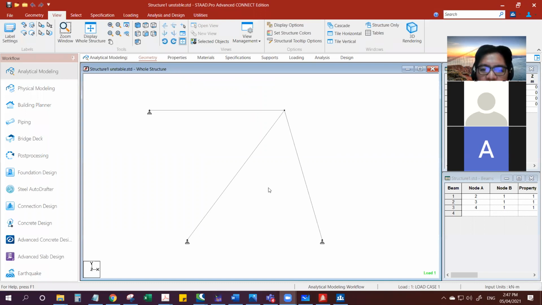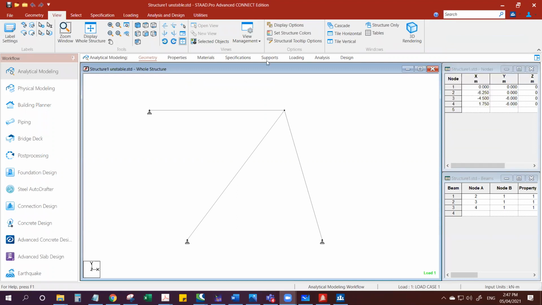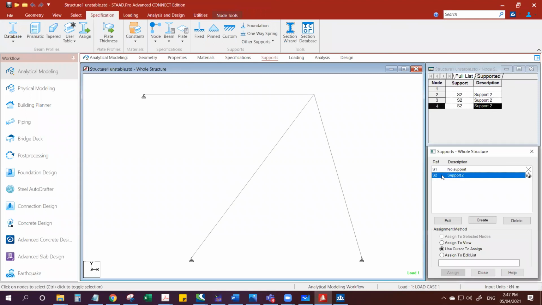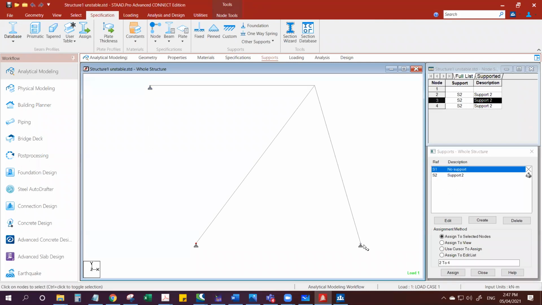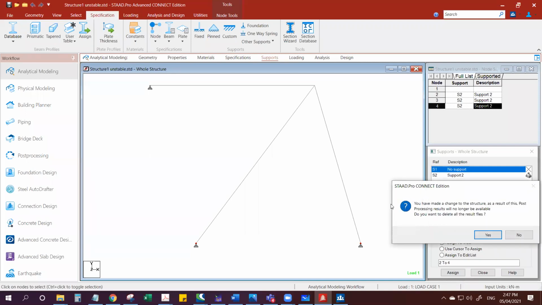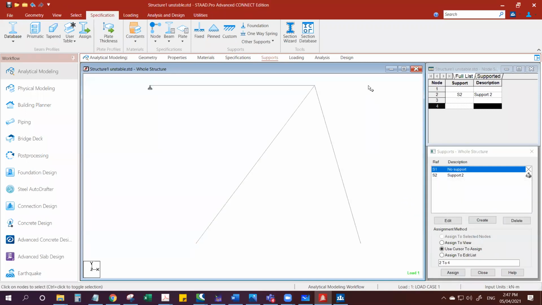And so I'll remove the supports. Okay, so combo number 2, select this command and then select these two. Then assign, then run.